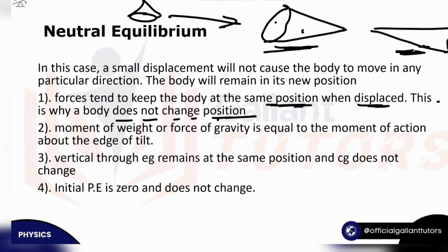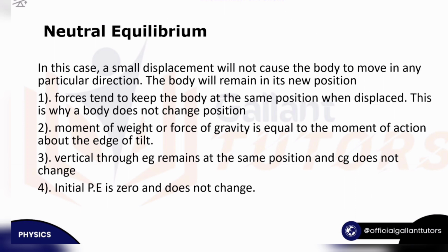So in neutral equilibrium, the moment of force of gravity is equal to the moment of action about the edge. Now the center of gravity is going down this way. That's why they say the vertical true center of gravity remains at the same position and the CG does not change. Is that very clear? Center of gravity does not change in neutral equilibrium.